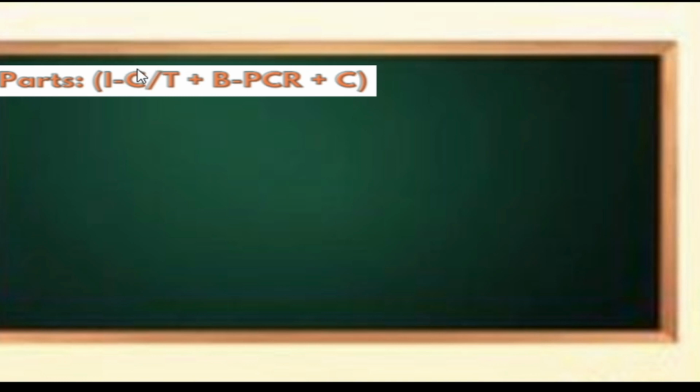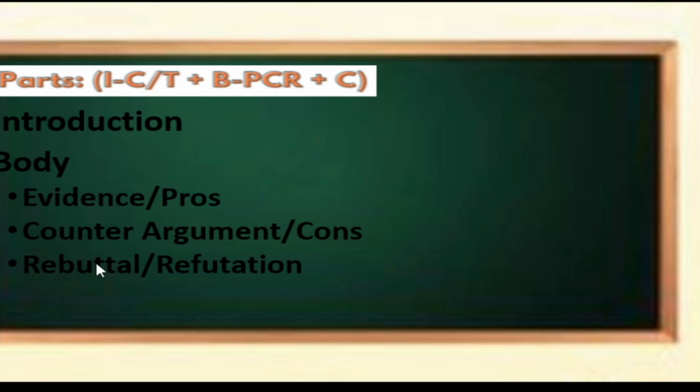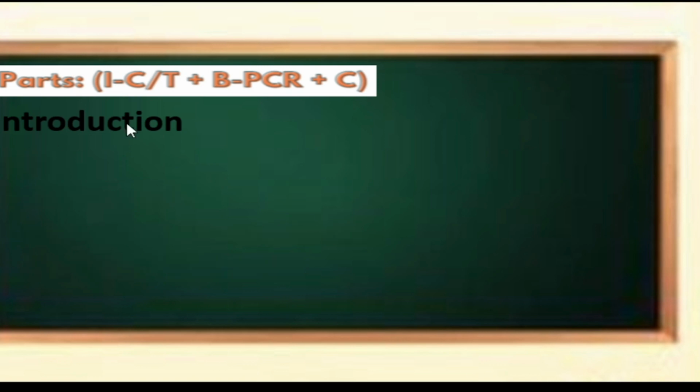Now, the introduction has 2 parts, C and T, which is claim and thesis statement. Okay? So your introduction has the claim and the thesis statement, the statement of opinion, the argument of the writer.